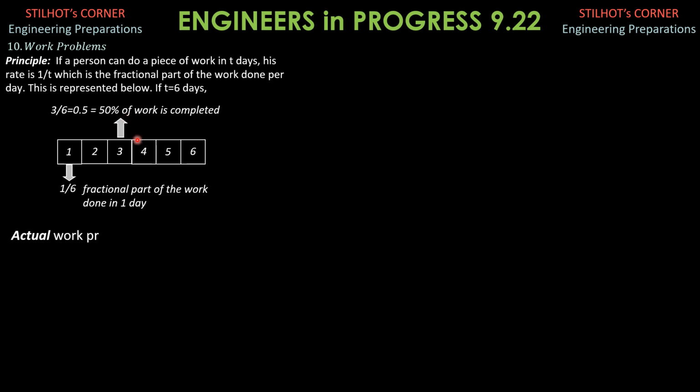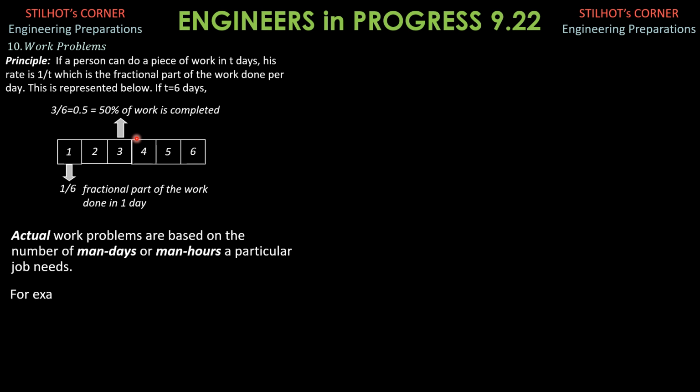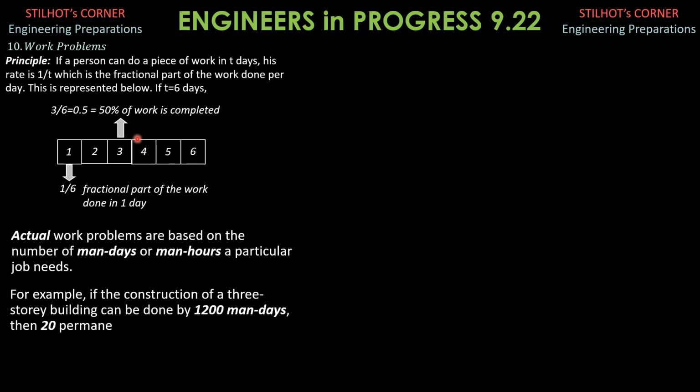Then actual work problems are based on the number of man days or man hours a particular job needs. So for example, if the construction of a three-story building can be done by 1,200 man days, then 20 permanent men should be hired for 60 days to finish it.